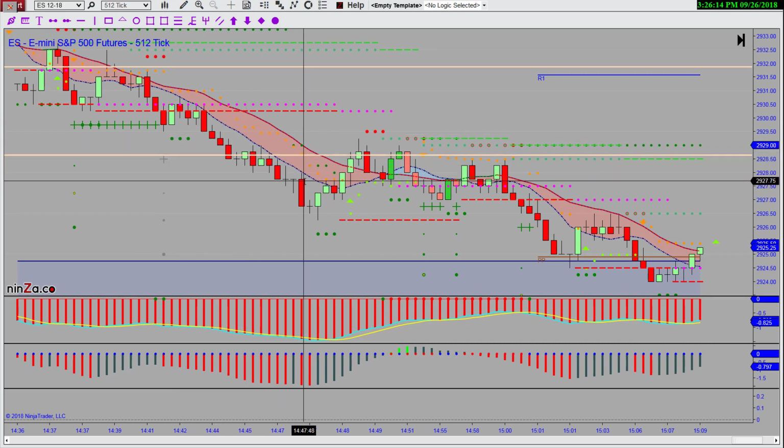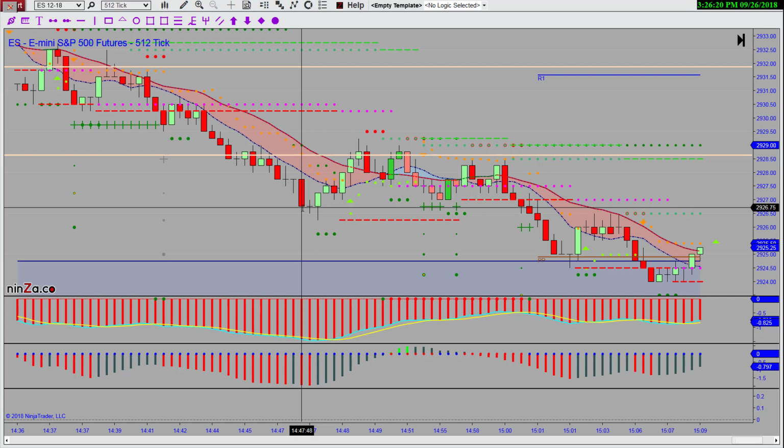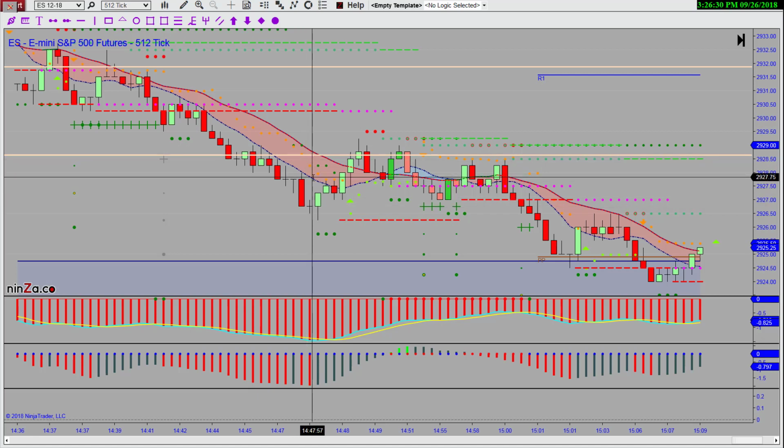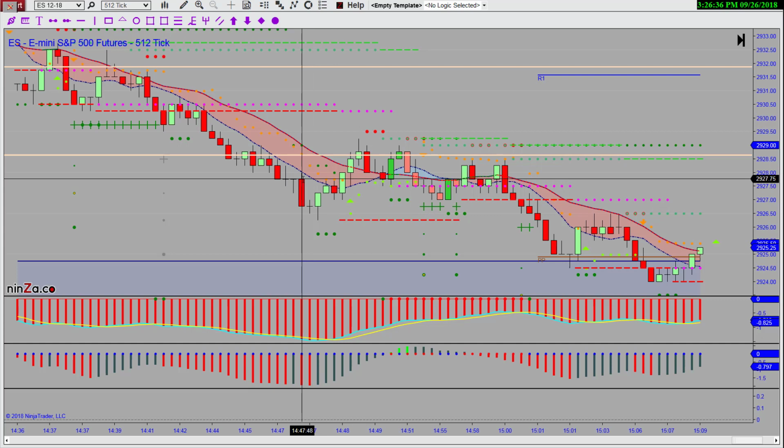Each one of these, let's say this big bar here, had a high of 29.28 and its low was 29.26. I call it 29.27. One point is $50, so this is only 4 ticks.